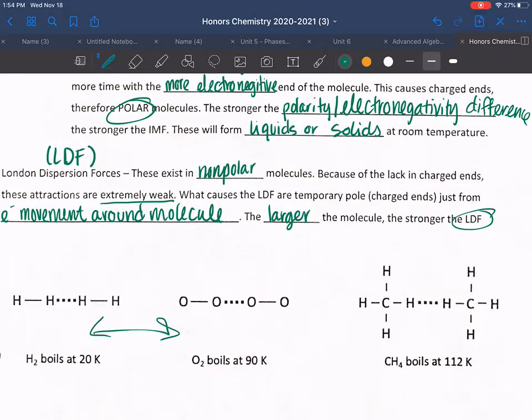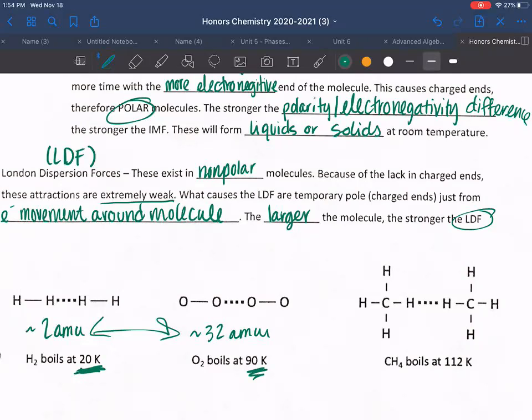About what? About 1, right? So H2 weighs about 2 atomic mass units. What about oxygen? How much does 1 weigh? So if you have 2 of them, it's about 32 AMU, right? And notice how we go from a boiling point of 20 Kelvin to 90 Kelvin.